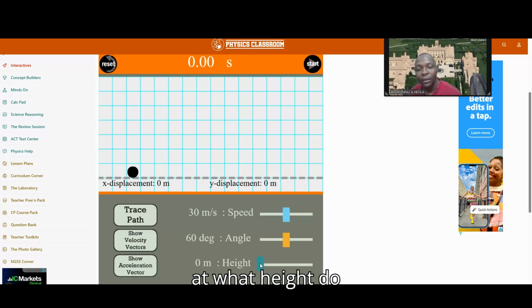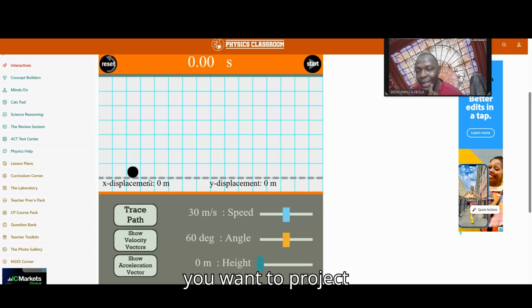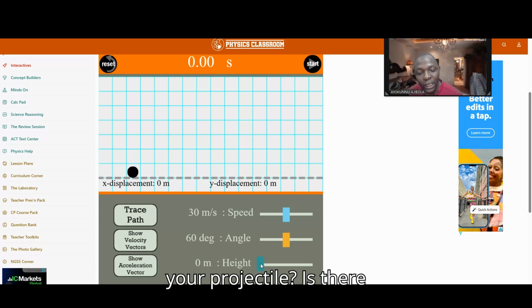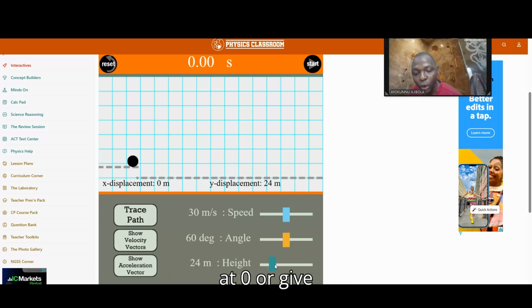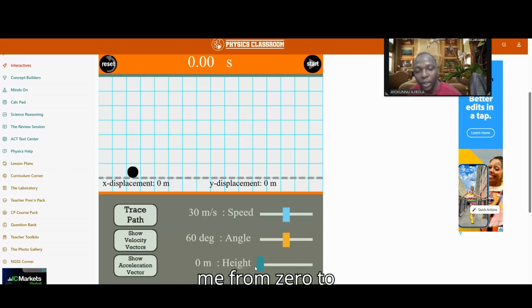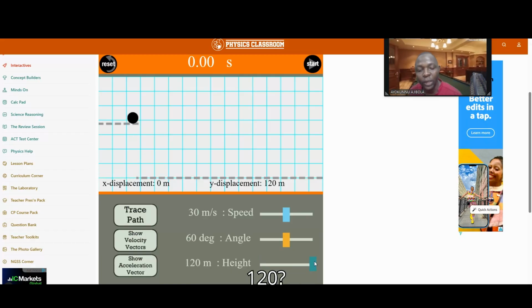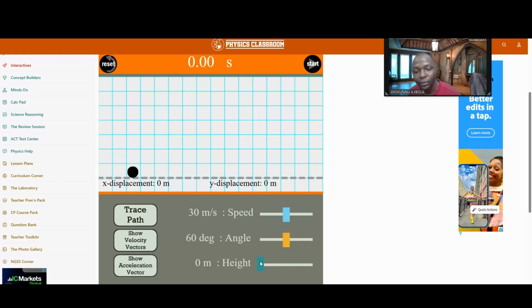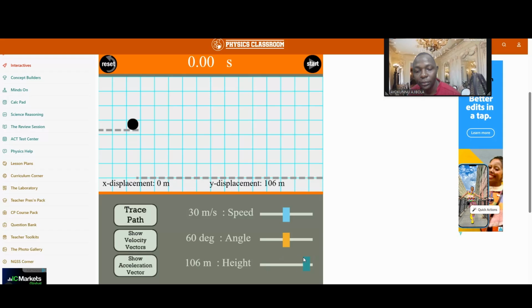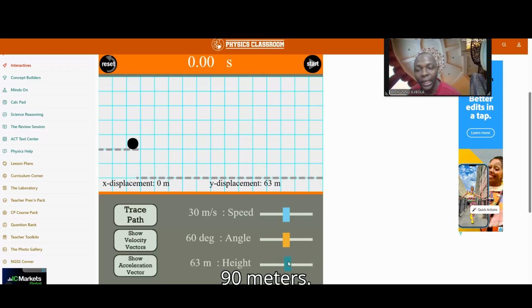Okay. At what height do you want to project your projectile? Is it at 0, or give me from 0 to 120? Sir, 90 meters.